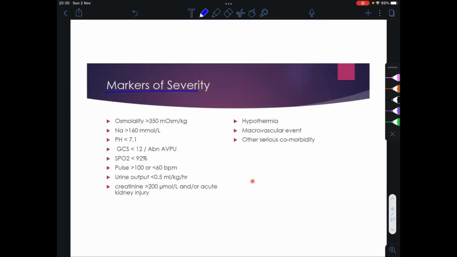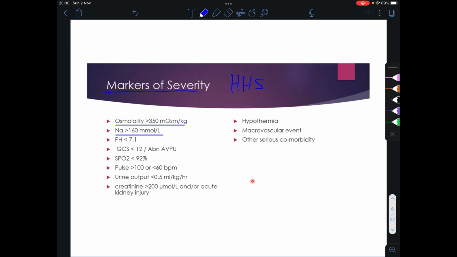The severity of HHS includes a serum osmolality of more than 350, and this is a very high osmolality, which could precipitate so many complications like thrombosis, cerebral edema, pulmonary edema, and we'll be talking about these later on.